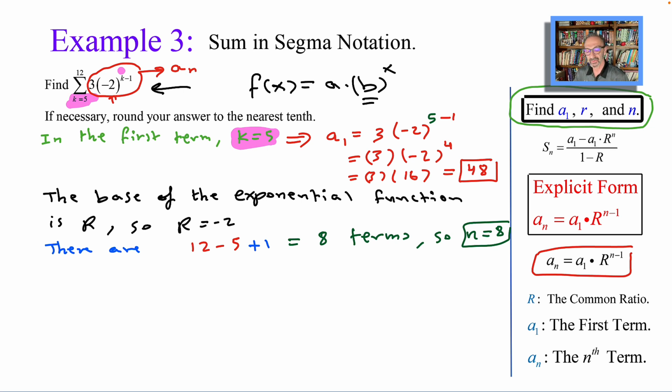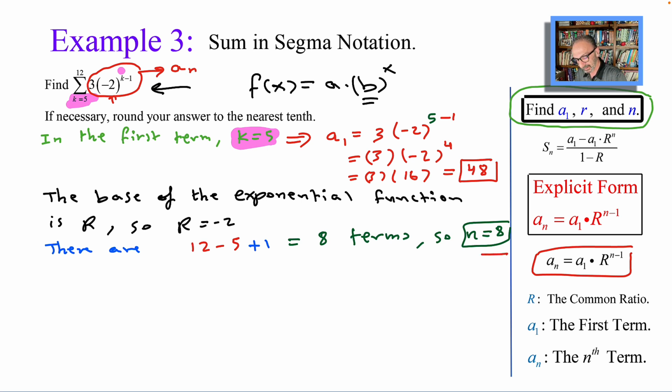The reason why we want to use the formula or the pattern is, imagine if you go from k equals 5 right here to not 12 but 117. I don't think you want to count them by hand. So you need to follow this rule. Where 12 is coming from, the top number, 5 is the lower number or index, and add 1 to make it terms, not distance. Next, we're almost done.